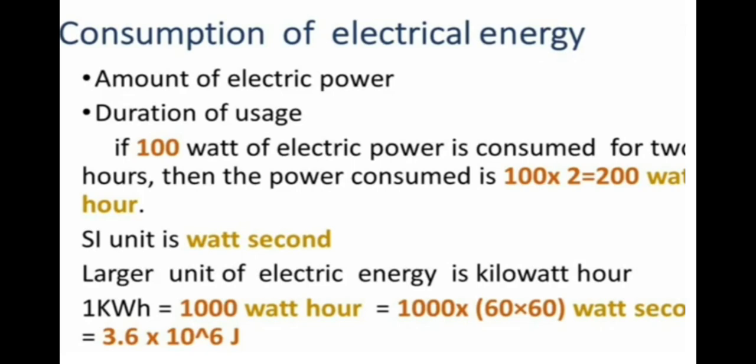Hence 1 kilowatt hour is equal to 1000 watt, which is 1000 into 60 into 60 watt second. Finally, we get 3.6 into 10 power 6 joule.